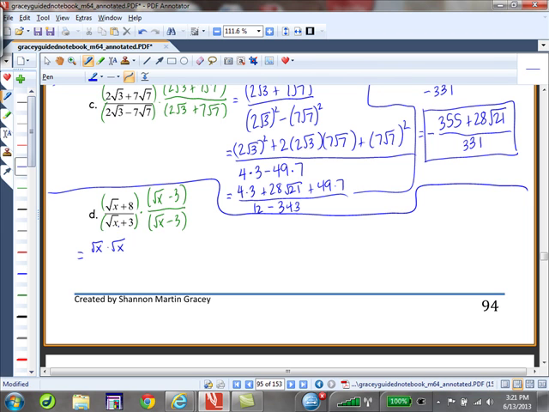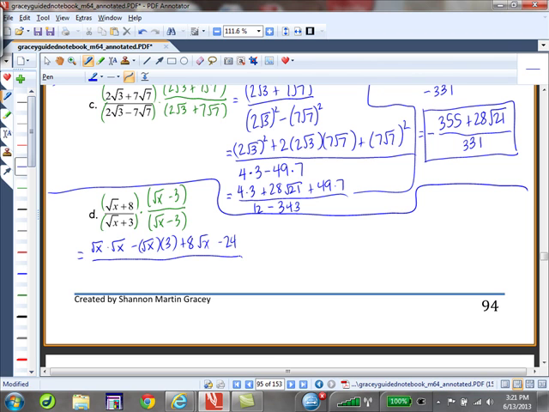Because I don't think this one will simplify, which is why I'm kind of going on like this and not waiting. So then we'll have minus root x times 3 plus 8 times root x. And then minus 24.